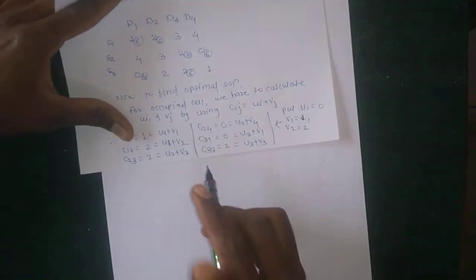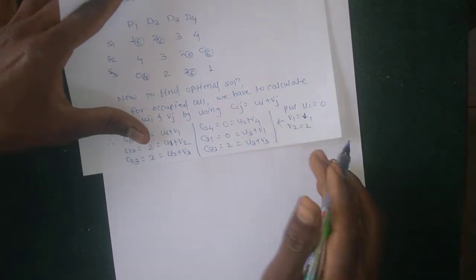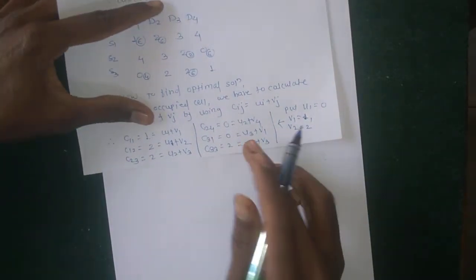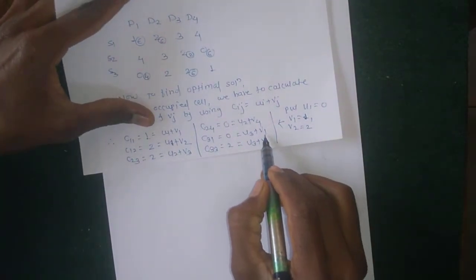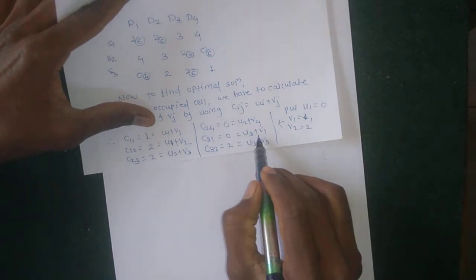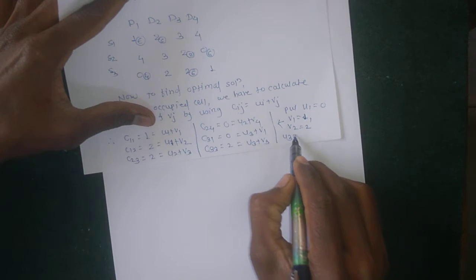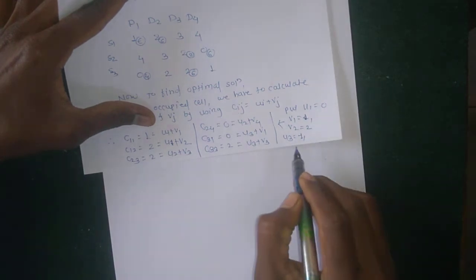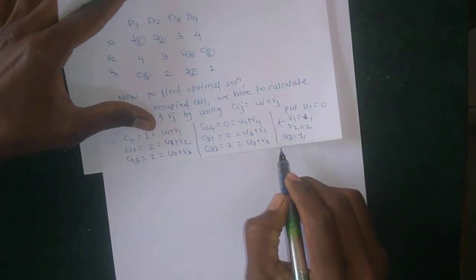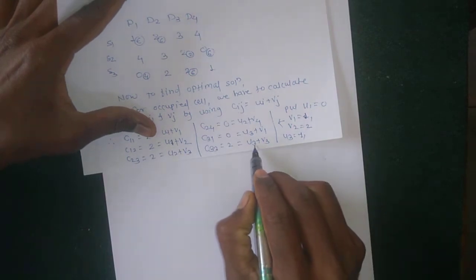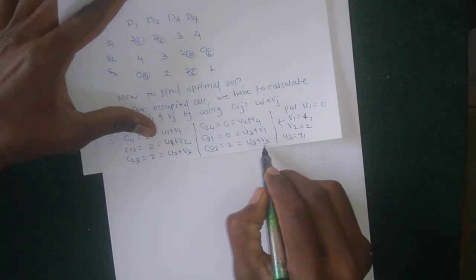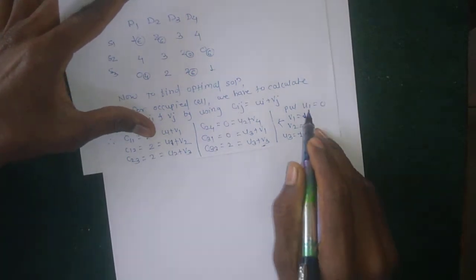Then with v1 equal to 1, u3 is equal to minus 1. Then the value of v3 is 3.